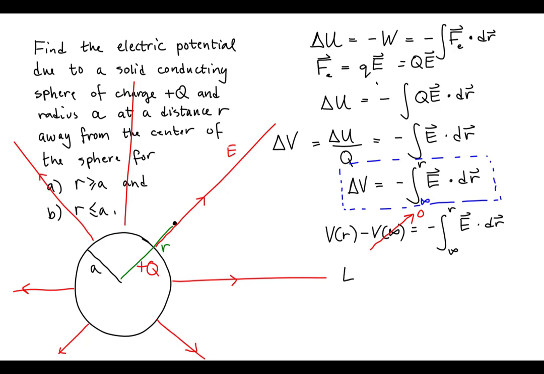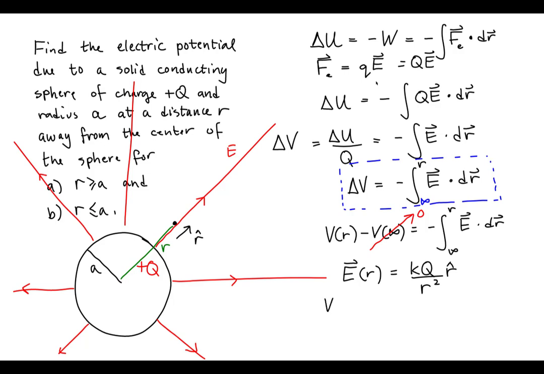Also, from Gauss's law, we've shown that the electric field at a distance r away from a sphere of charge is equal to Coulomb's constant times the charge divided by the distance from the center of that charge to the point at which we are evaluating the electric field, r squared, and then r hat is a unit vector parallel to a radial line extending from the center of our sphere.